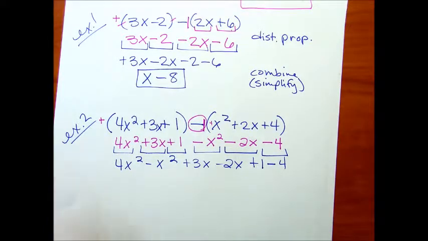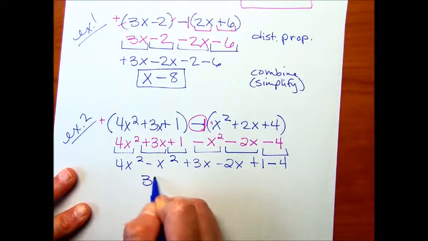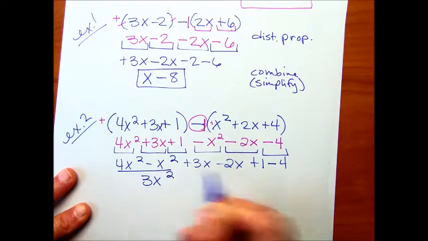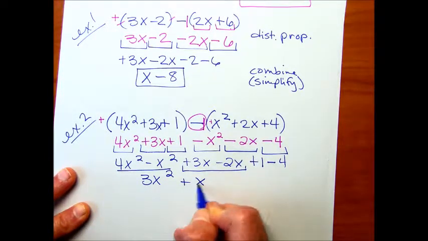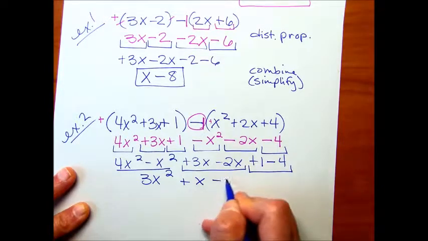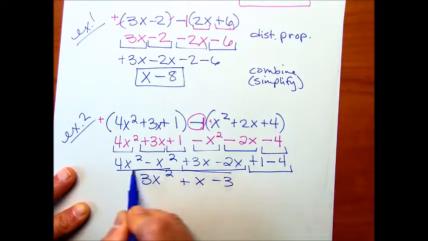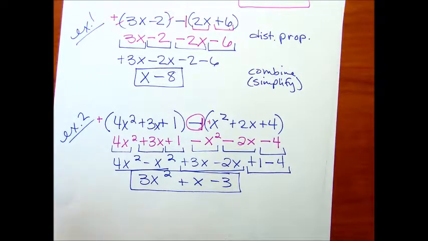Now we can combine them. So we took care of that, and now we'll take care of this, and then we're going to take care of this. And there you go.